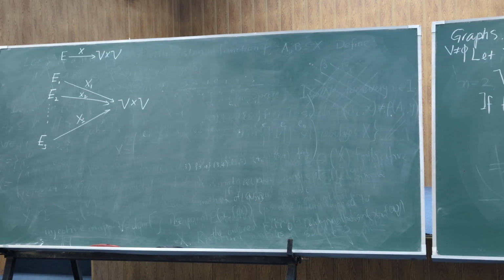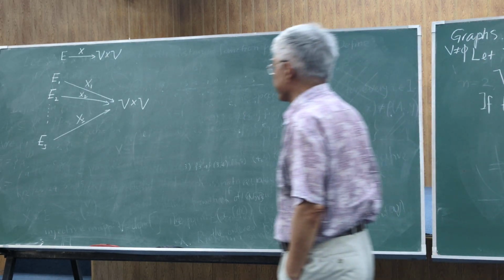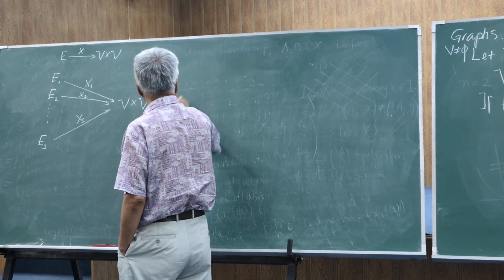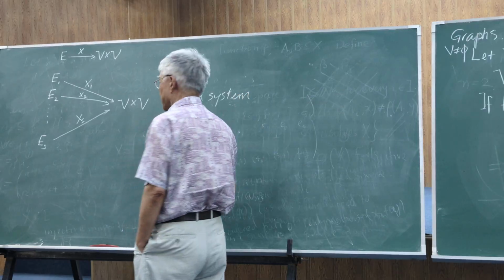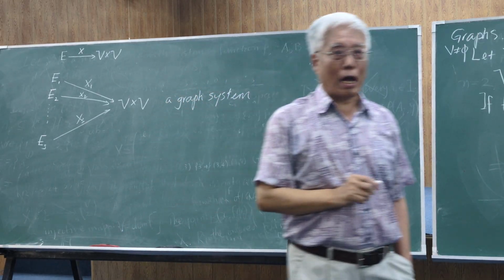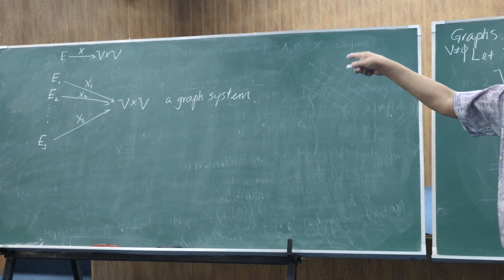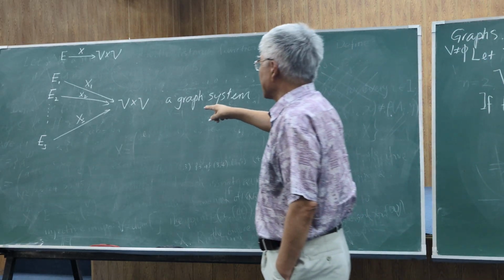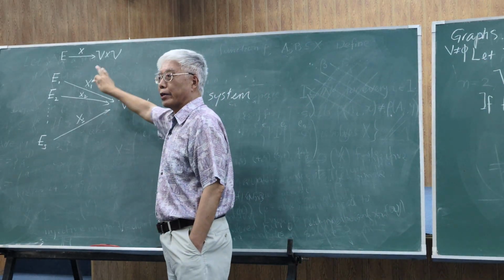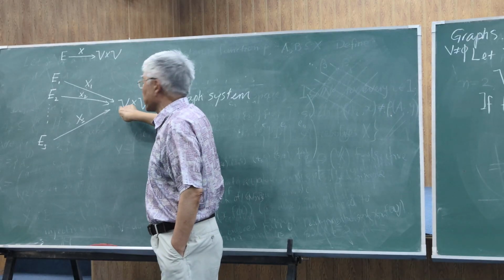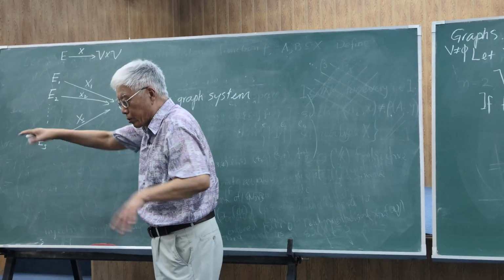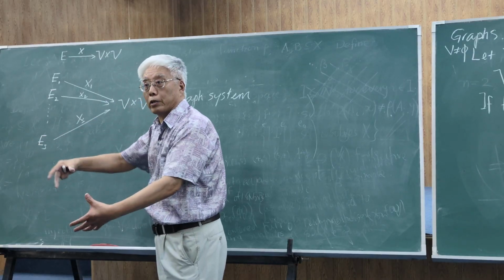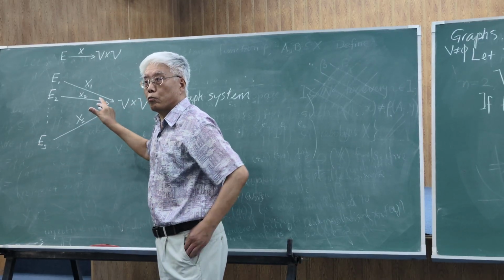If you have three linear equations, you have a system of equations. So this is a graph system. But it's not good enough, because what is this actually saying? It says that you are going to have a collection of different edge sets on the same vertex set, which is infinite or finite, doesn't matter. So this is not new.